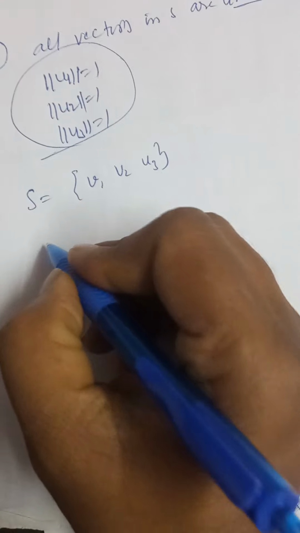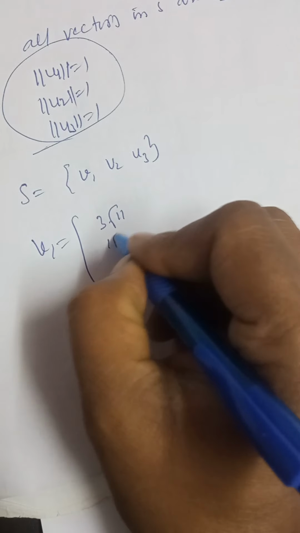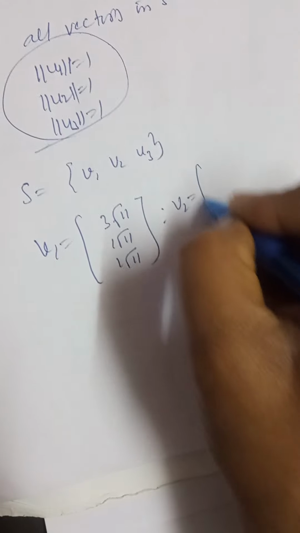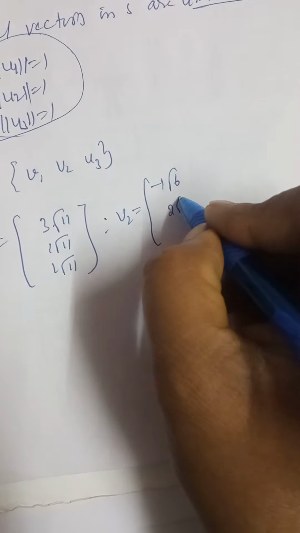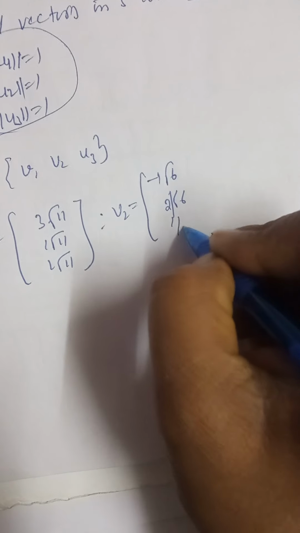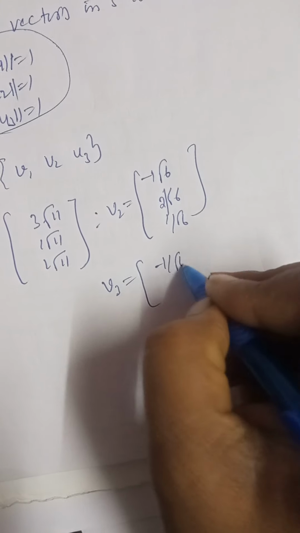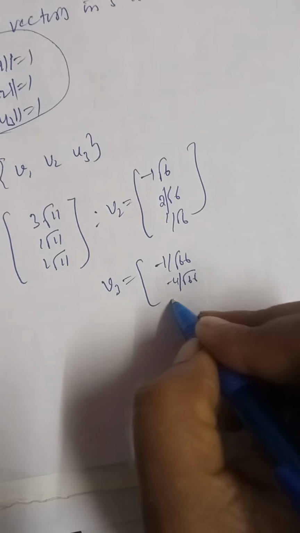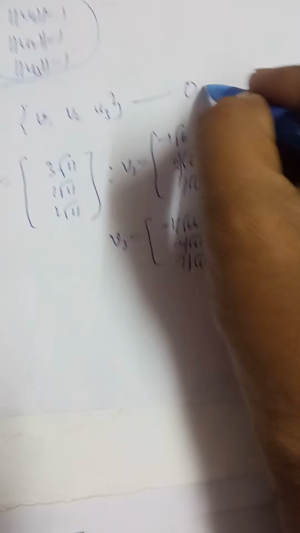This is homework for you, where v1 is equal to 3 by root 11, 1 by root 11, 1 by root 11, right? v2 is equal to minus 1 by root 6, 2 by root 6 and 1 by root 6. Now v3 is equal to minus 1 by root 66, minus 4 by root 66 and 7 by root 66. Now show that this is an orthonormal set.